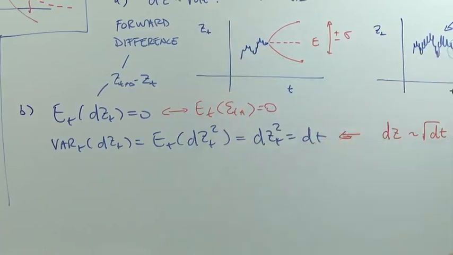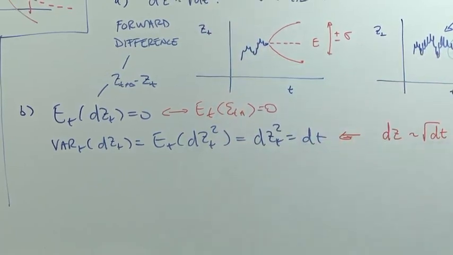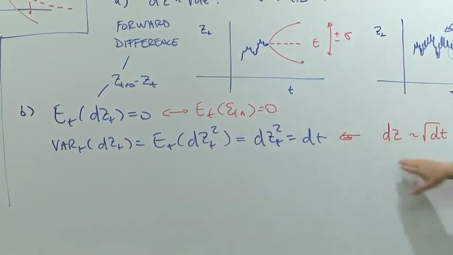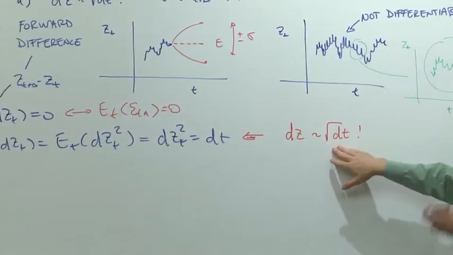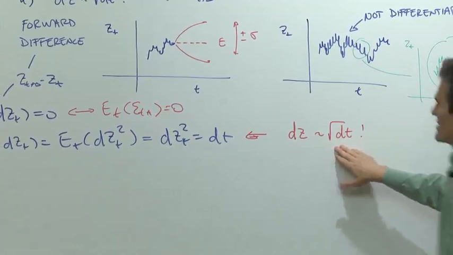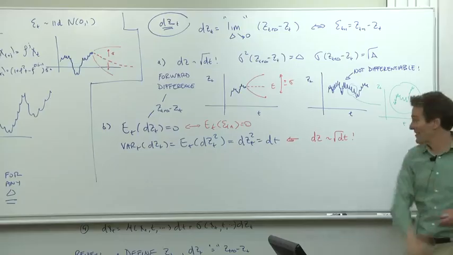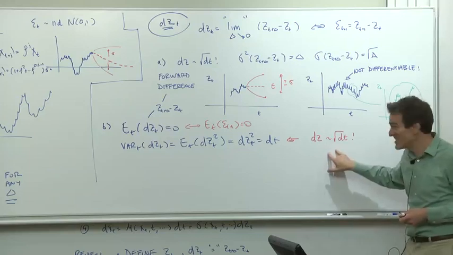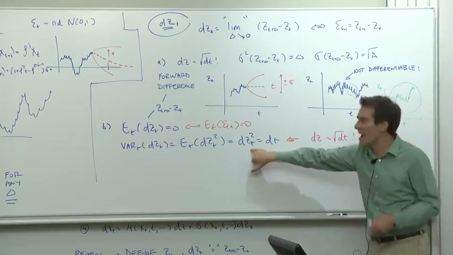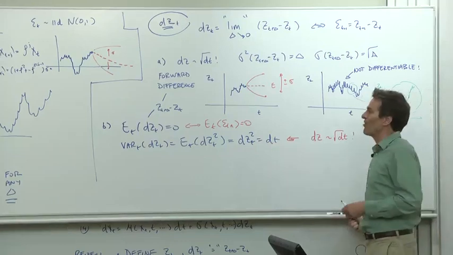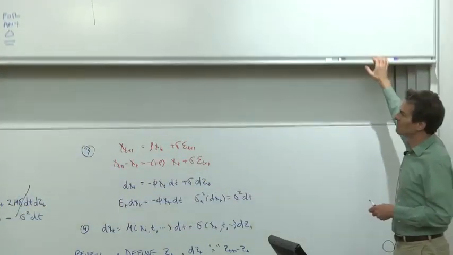So the variance is dt. Variance is the same as the time horizon. Again, that's where this idea that dz is the size of square root of dt means dz squared is the size of dt. Don't forget that. dz is square root of dt in size. dz squared is dt. You'll use that all the time to simplify expressions.